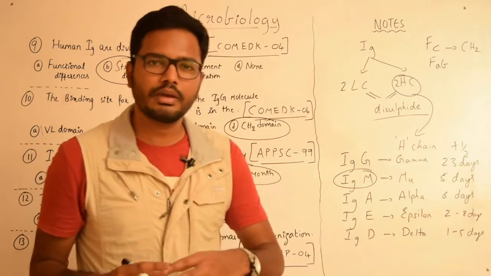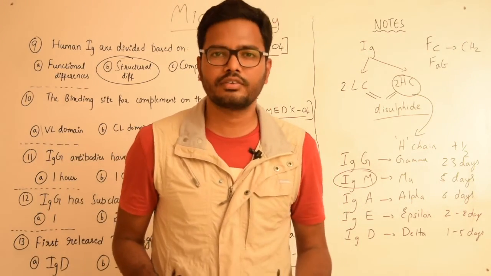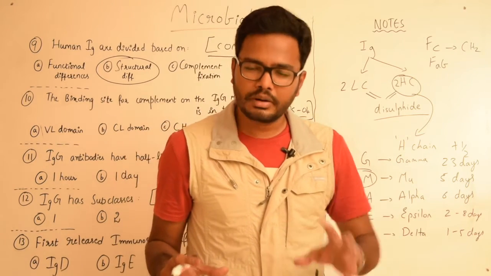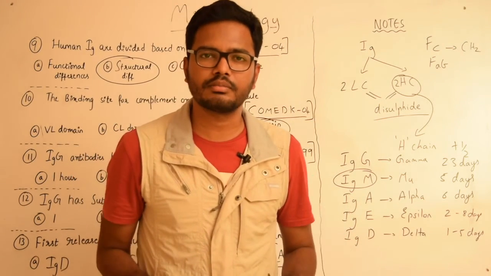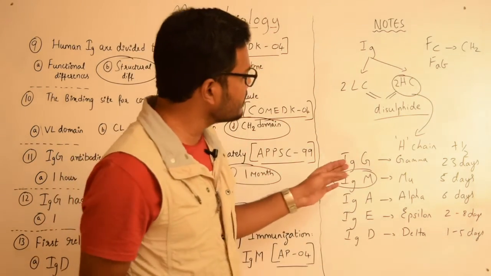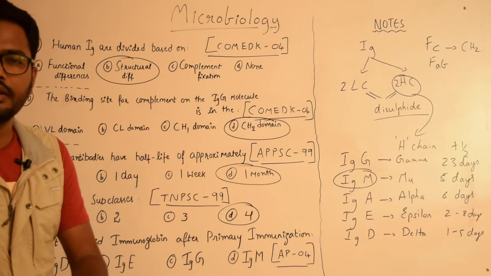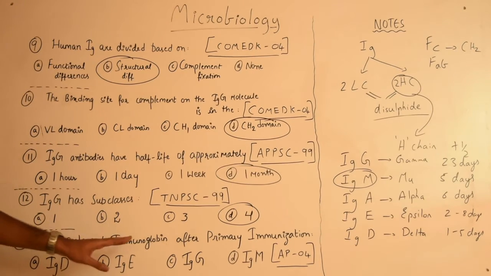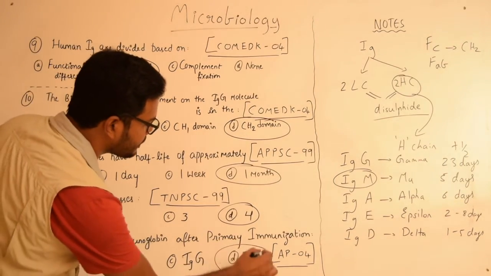This can be either an intrauterine infection or a congenital infection such as HIV, rubella or syphilis. The presence or identification of IgM in serum clinically has many diagnostic implications, right? So IgM, considered to be the oldest immunoglobulin, is the first formed immunoglobulin in response to any infection. The first released immunoglobulin after primary immunization is also IgM.